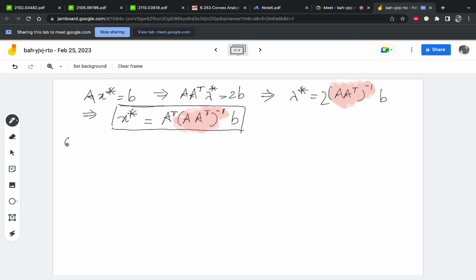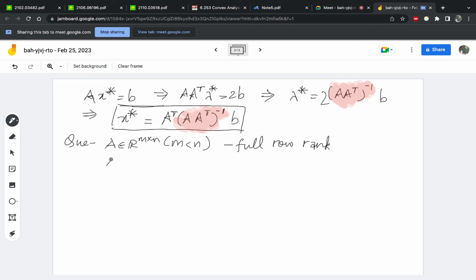So question, A is a fat matrix, so M is less than N. A is full row rank. Let's say it is given, okay, full row rank. So A A transpose will be M cross M, right?